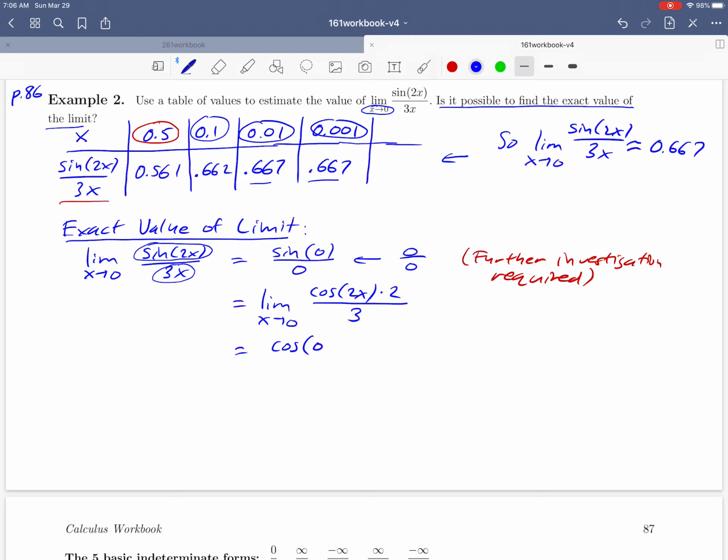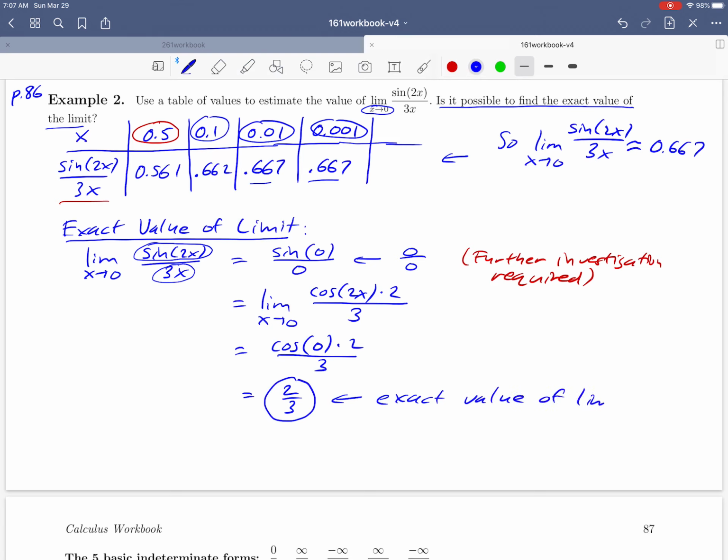We can now try to take this limit again by just substituting in x equals 0. So we're going to get cosine of 2 times 0, which is 0, times 2, over 3. And then what is the cosine of 0? You might remember that it's 1, or you could ask your calculator.